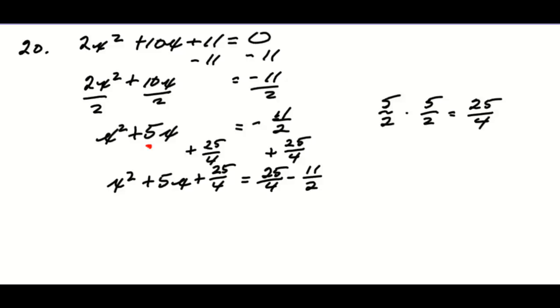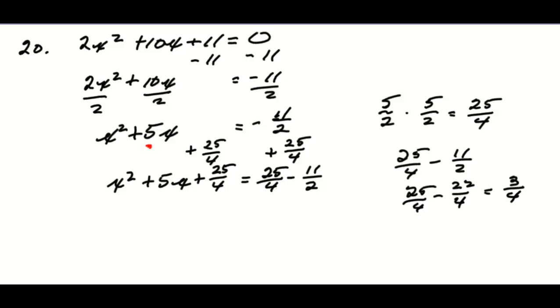Now do a little fractional work. 25 over 4 minus 11 over 2 is the same thing as 25 over 4 minus 22 over 4, and that leaves us with 3/4.